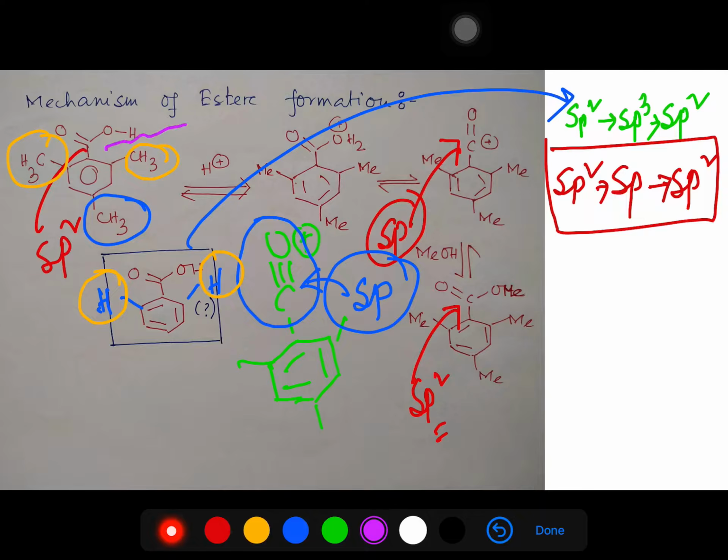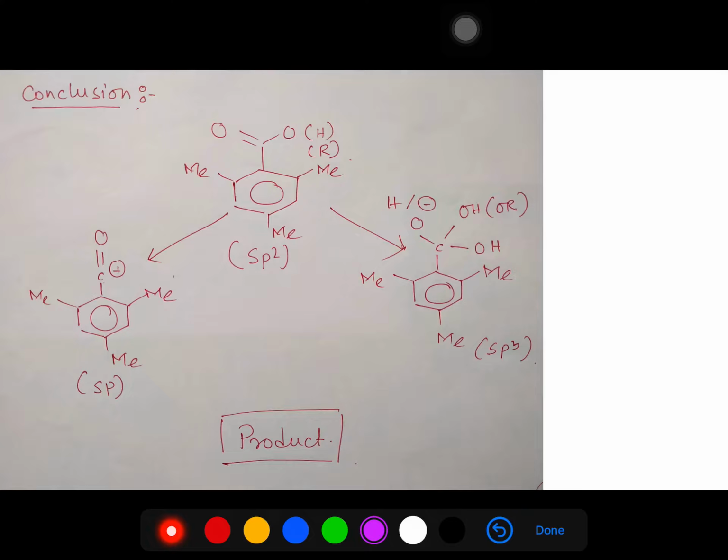This repulsion. That's why the course and the mechanistic cycle completely change. So throughout this discussion, what we have learned is that in case of the mesitoic acid system, sp2 to sp to sp2 is possible, whereas sp3, meaning the tetrahedral intermediate, is not possible. So you can't think that hydrolysis will occur in this way.